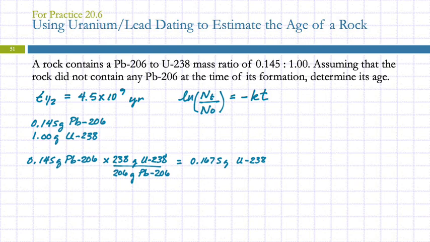No. This represents the amount that decayed. So if we started with 1 gram, then this much went away. So this is going to be N0, and N sub t is going to equal 1.00 grams minus 0.1675 grams, or 0.832.